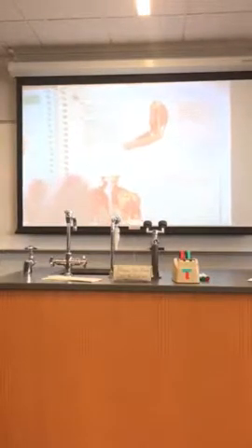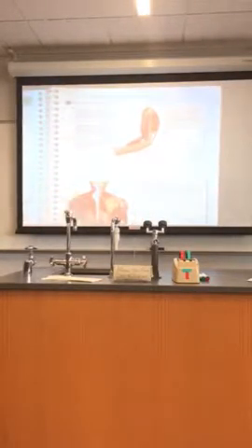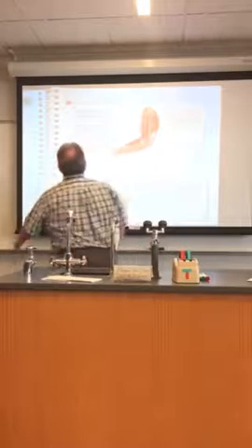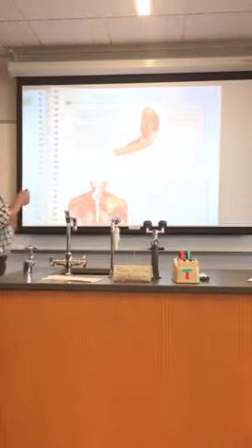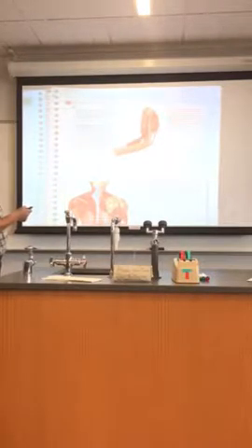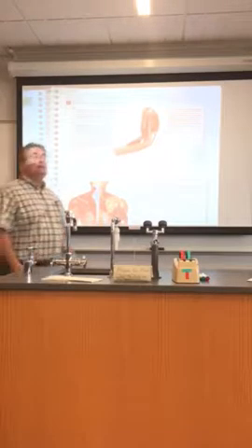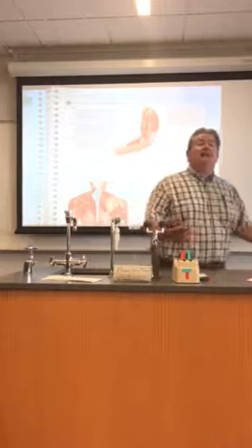This is page 167 in Lab 11, and here you are being introduced to terminology: agonist, antagonist, synergist. Agonist or prime mover is a muscle that directly brings about a specific action. For example, the biceps brachii is an agonist for flexion of the forearm. That's the primary job. That's about the only thing that it does.